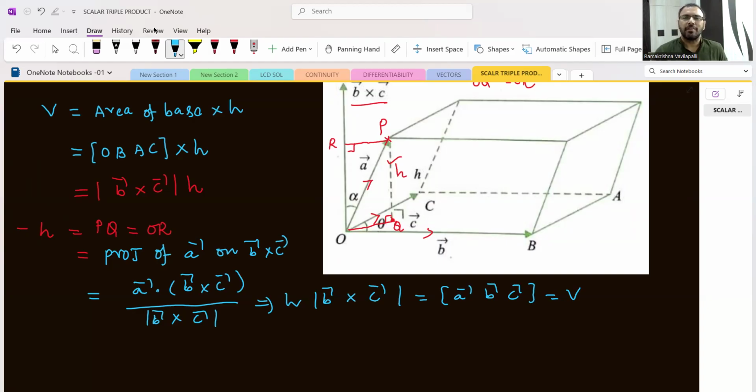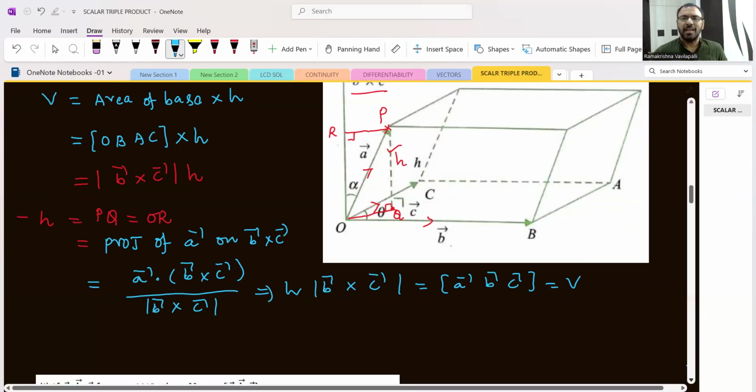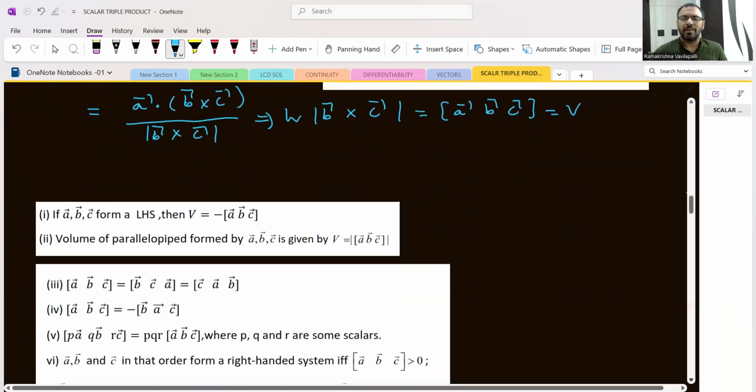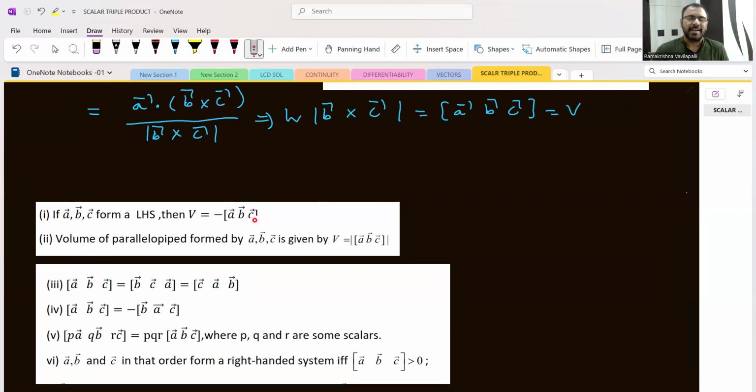This is the volume of parallelepiped formed by A bar, B bar, C bar. Here we assume that A bar, B bar, C bar form a RHS. What will happen if A bar, B bar, C bar form a LHS? If they form a LHS, then box ABC is in fact negative.